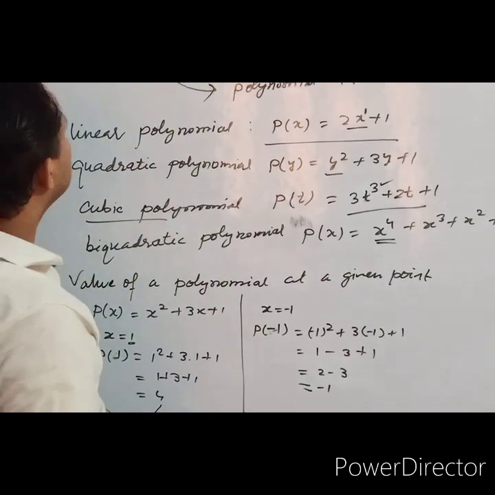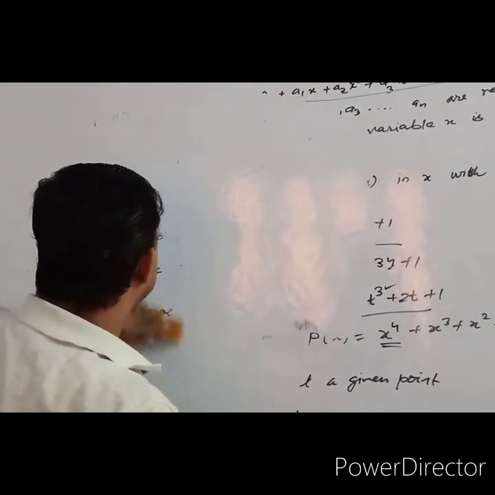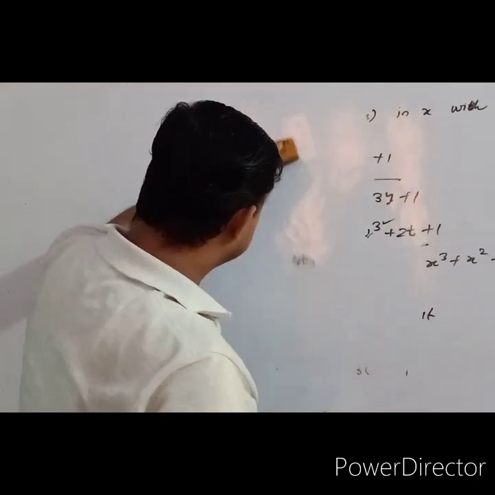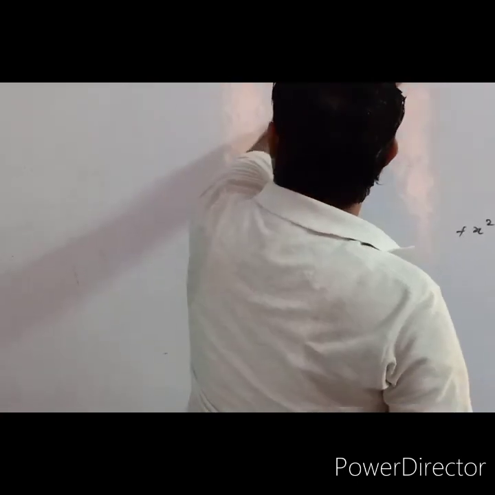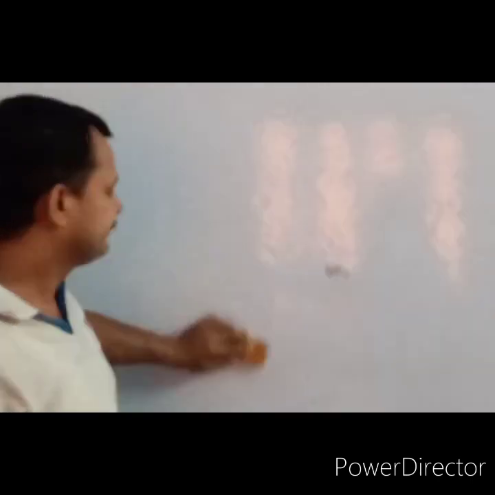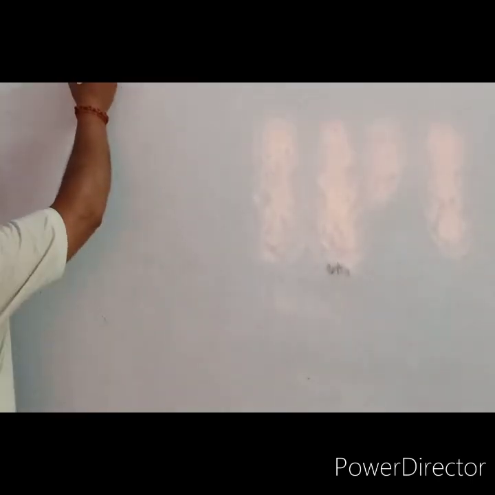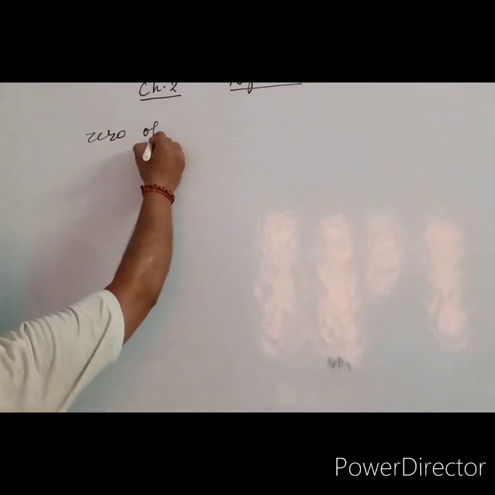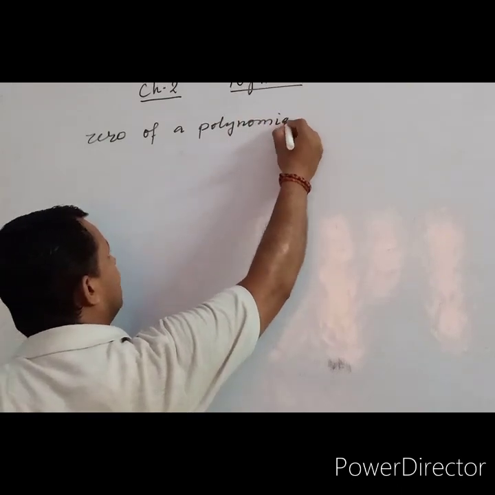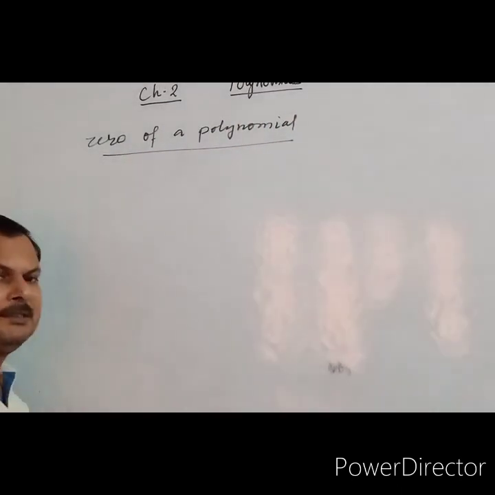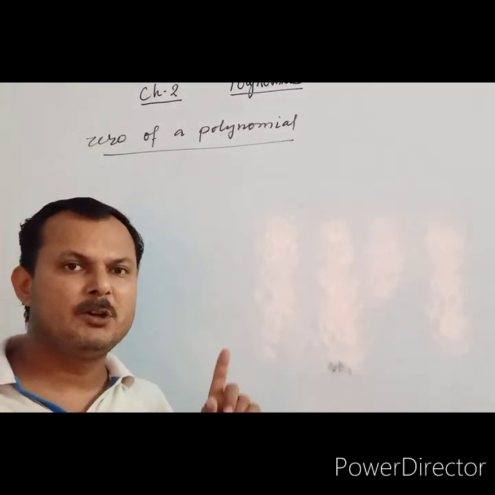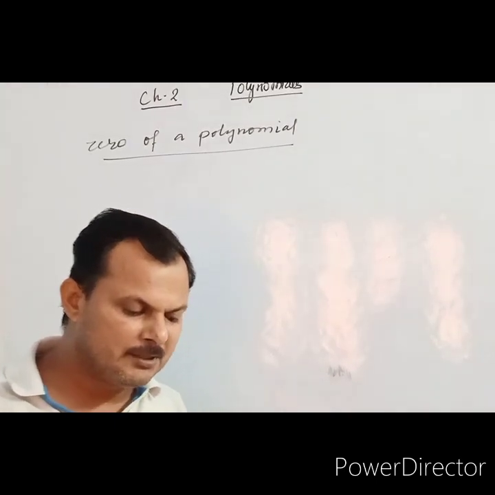Then after that, a new term: zero of a polynomial. What do you mean by zero of a polynomial? The value of the variable which makes the polynomial zero is said to be a zero of the polynomial.